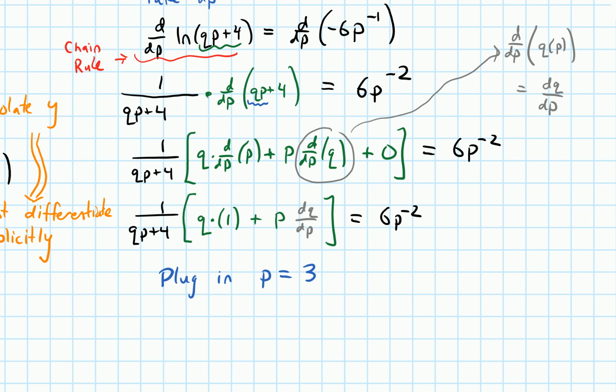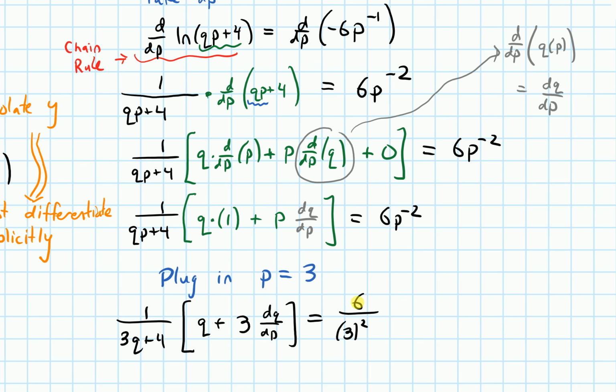All right, so doing that, we get 1 over 3q plus 4, and then parentheses here, we get q plus, plugging in 3 times dq/dp equals, on the other side, 6 over p squared, which is 6 over 3 squared, 6 over 9, which simplifies to 2 over 3.